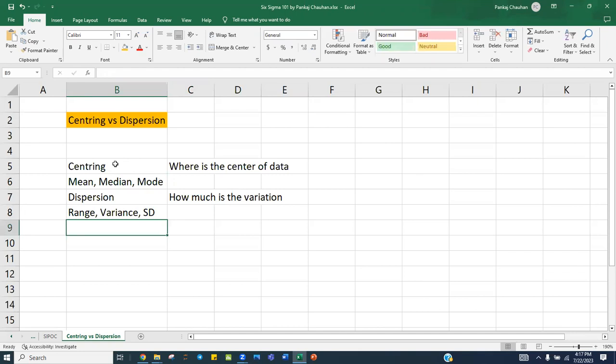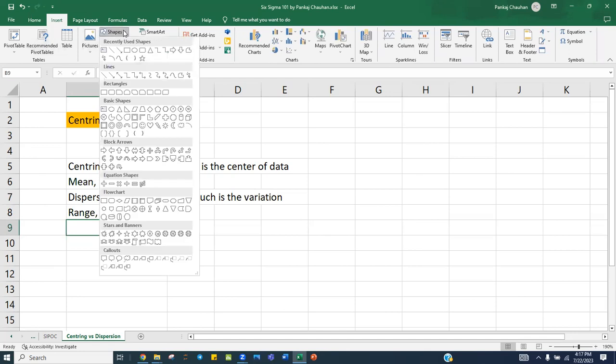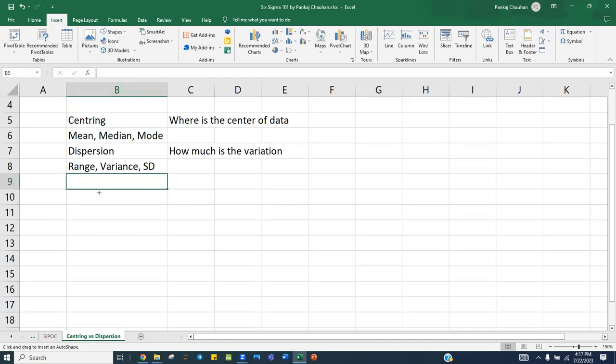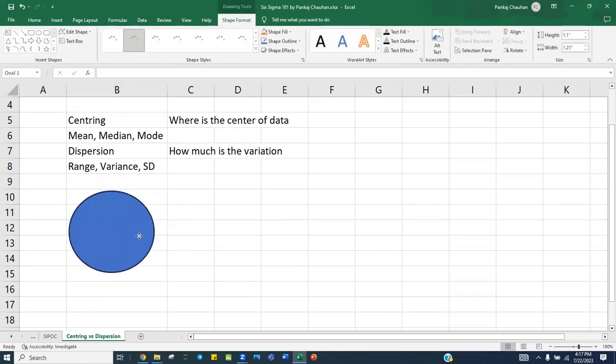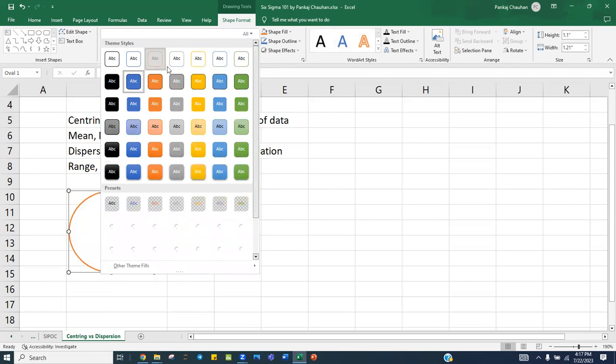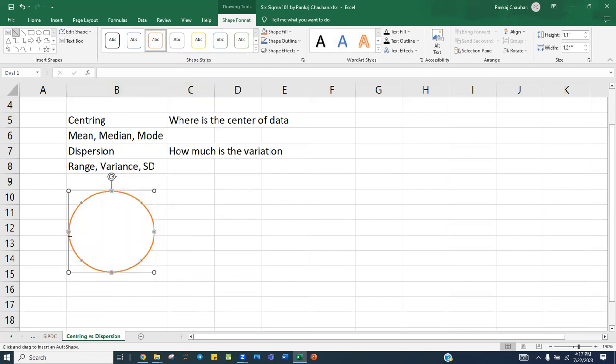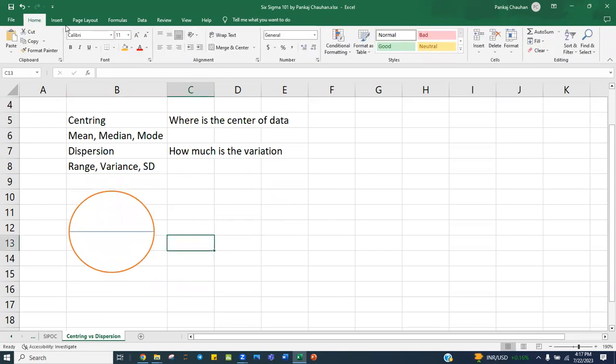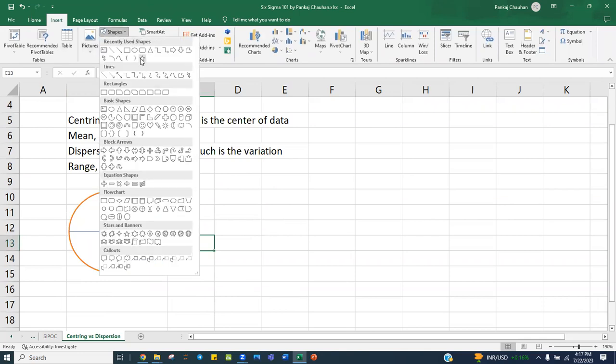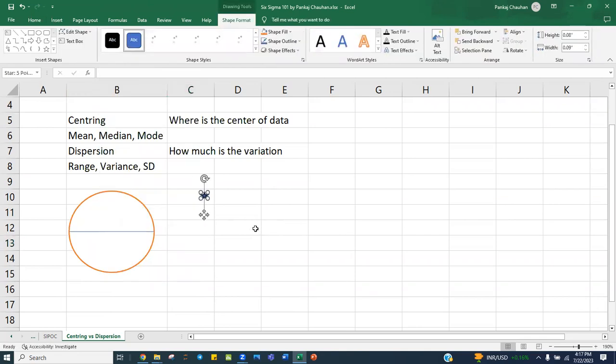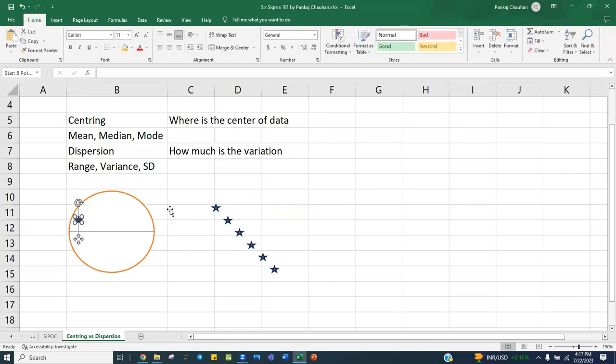So let us understand, when there is a process, how to identify the problem with the centering or variation. Suppose, let's say you are playing a game, maybe shooting or maybe archery. Let's assume this is your target where you are supposed to hit. I'm dividing this target into two parts, the first half and the second half. Here are some shots, spread like this.